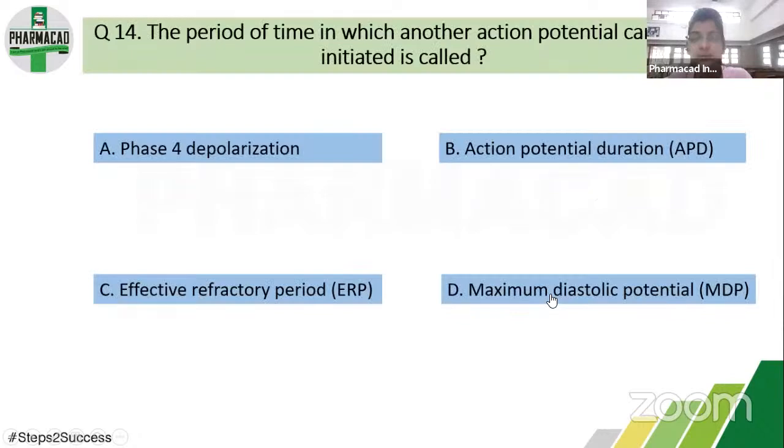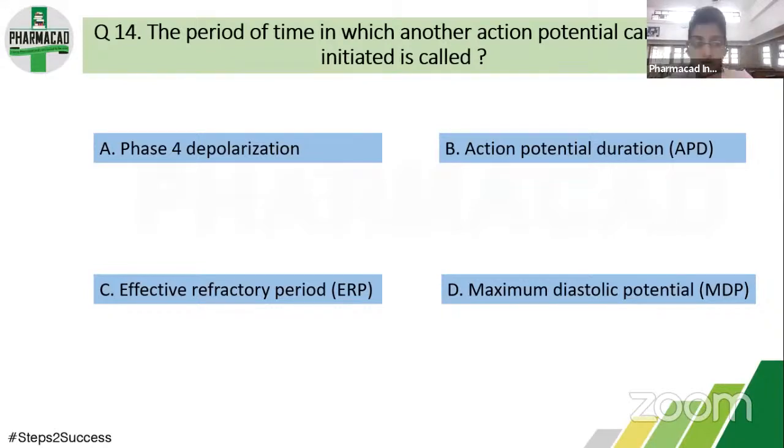Okay. So the next is: the period of time in which another action potential cannot be initiated is called A, phase 4 depolarization, B, action potential duration, C, effective refractory period, or D, maximum diastolic potential.